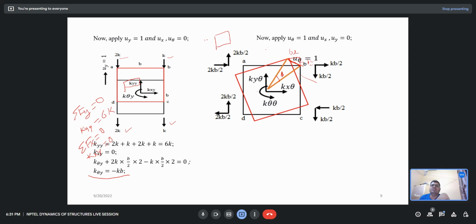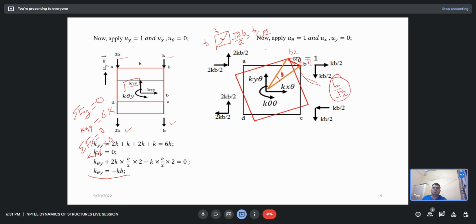Let us say this is b, this is b, so this will be root 2 of b. So the half diagonal from the center, that will be divided by 2, so that will become b by root 2.